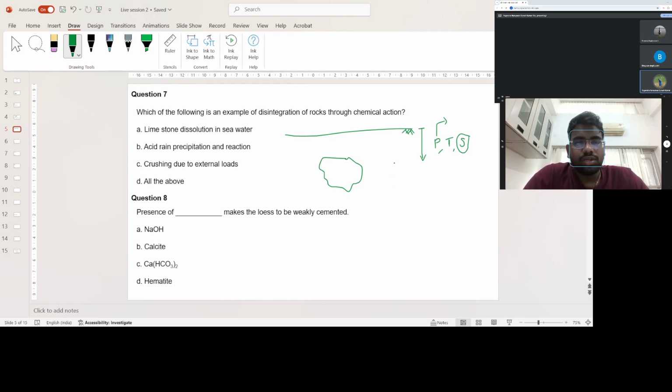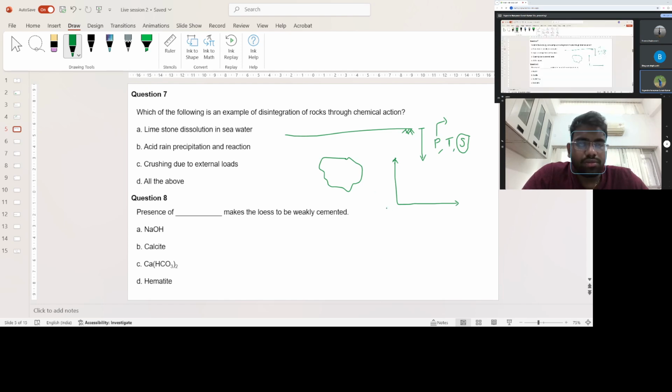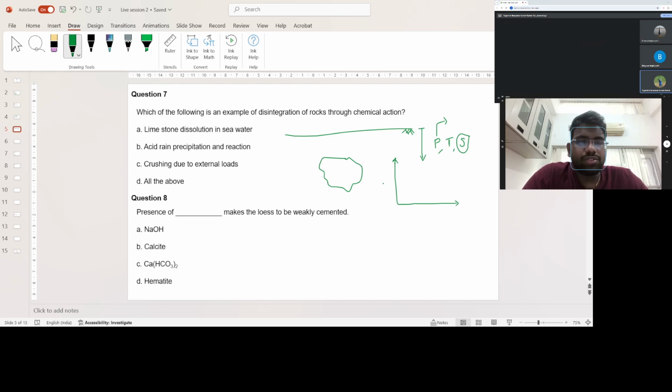So now if you plot, why should limestone dissolve? Because as you mentioned, there is some presence of acid, right? So acidity is defined by which parameter?